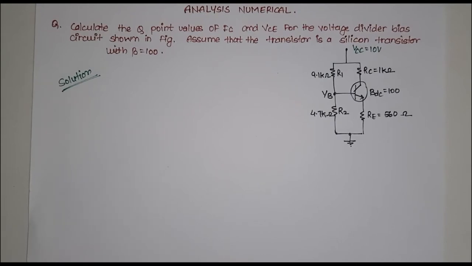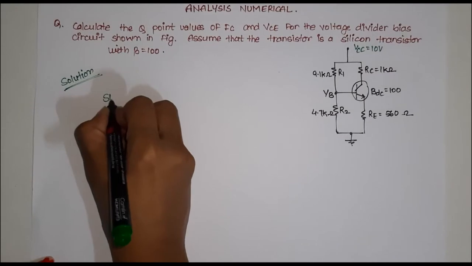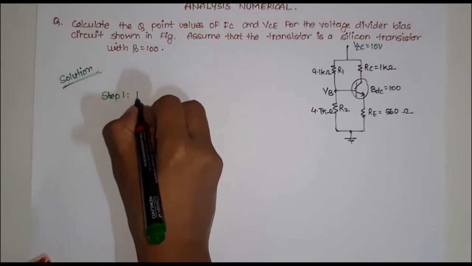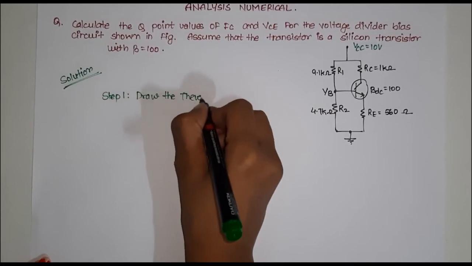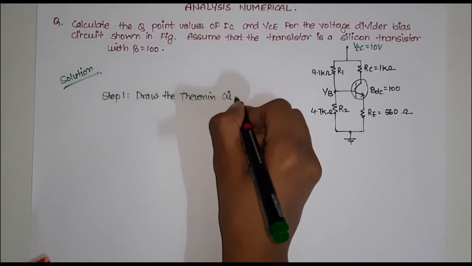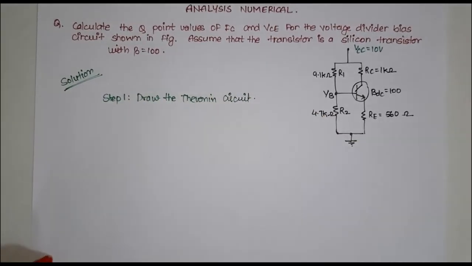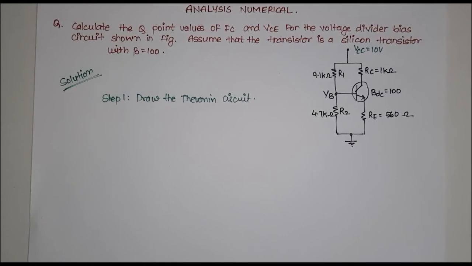Let us start solving. So हमारा step 1 क्या होगा? Step 1 will be to draw the Thevenin circuit. By opening the circuit of the base terminal, we obtain the open circuit and Thevenin equivalent resistance हम उसके बाद ढूंढ सकते हैं.